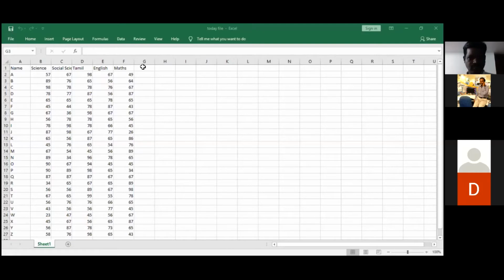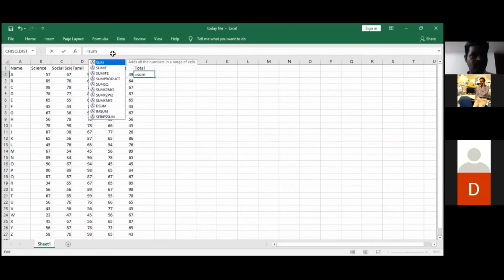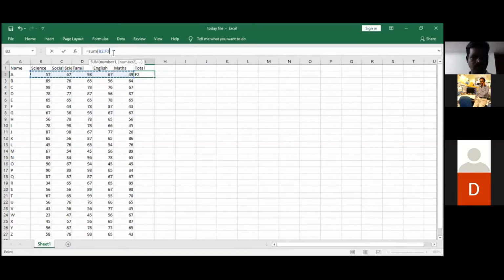So the total formula: equal to sum, bracket, B2 to F2, close the bracket.